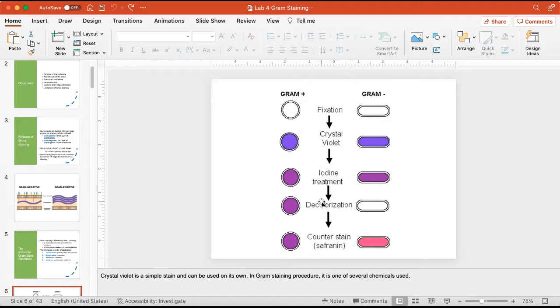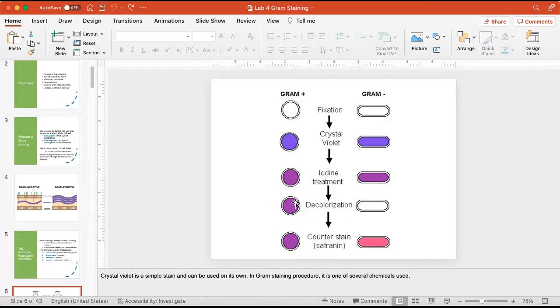The third step is decolorization. And this is where the magic happens, because with that alcohol, that decolorizer, we're going to leave it on long enough to remove the crystal violet from the gram-negative cell, but not long enough to remove all the crystal violet from the gram-positive cell.